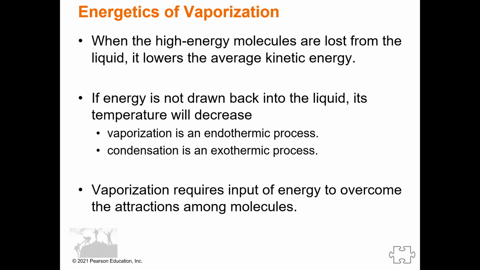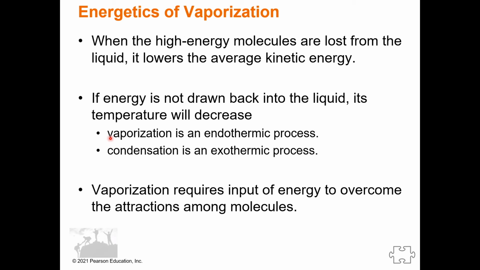The average kinetic energy would be lowered. Now, what does that mean in terms of temperature? Well, the temperature would also decrease. That heat, the high energy molecules that contain a lot of heat, they're not coming back down to the liquid. So that's what's happening with vaporization.